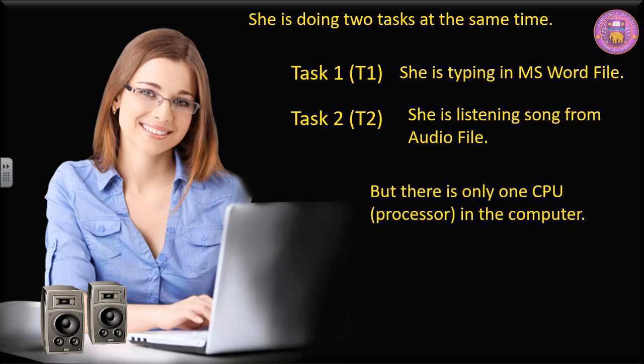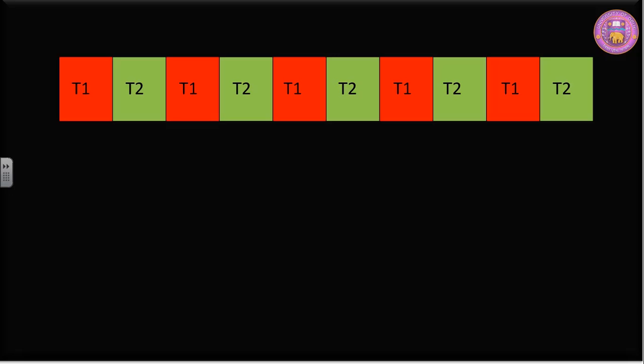But there is only one CPU, that is only one processor in the computer. Operating system divides the time of processor for these two tasks. These tasks are T1, T2. Operating system allows the processor to start T1, then move on to T2, then again come back to T1, again move back to T2, and so on.